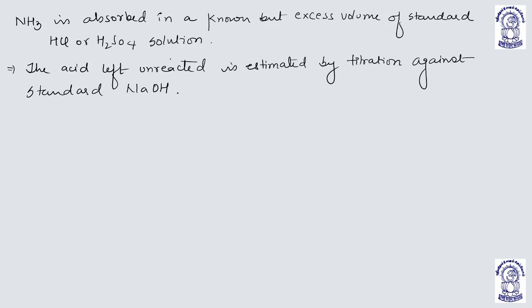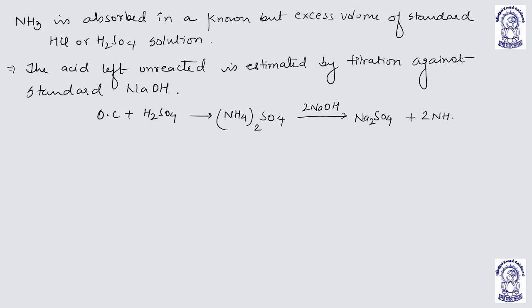Okay. The resulting acid mixture is then heated with sodium hydroxide, and before it, we have already taken it for the evolution of ammonia gas. So organic compound plus H2SO4 forms ammonium sulfate, which when reacted with NaOH forms Na2SO4 with the liberation of ammonia.